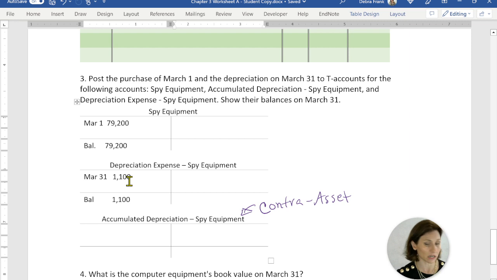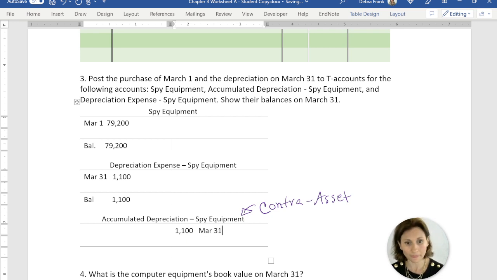Our adjusting journal entry right now has a debit of 1,100 for depreciation expense. Now we're going to record a credit for 1,100 on March 31st. So instead of touching the asset, SPY equipment, we always record our depreciation into this accumulated depreciation account. Just as it sounds, it's going to keep accumulating and growing with all the depreciation that we record each month.